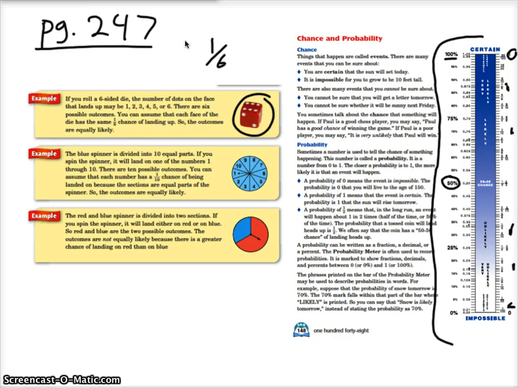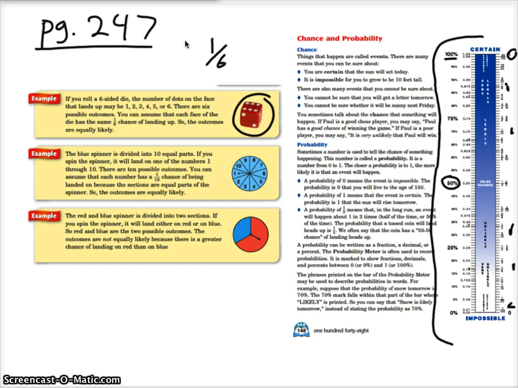Does every number have the same chance? Yes, because there's nothing different about the die. Each side is the same, nothing different, just the number of dots. But the way that it's made, there's no difference. The number 1 has the same chance as the number 3 of being rolled. So it is equally likely outcomes.